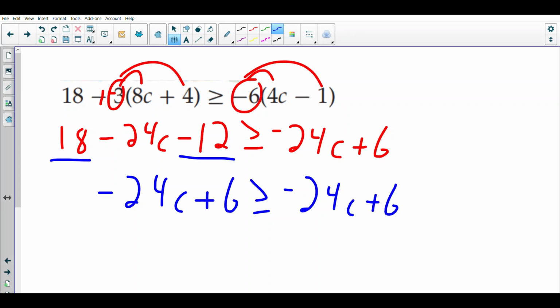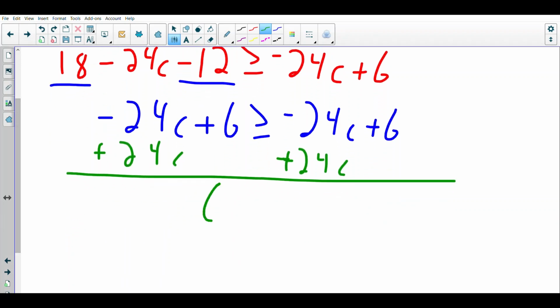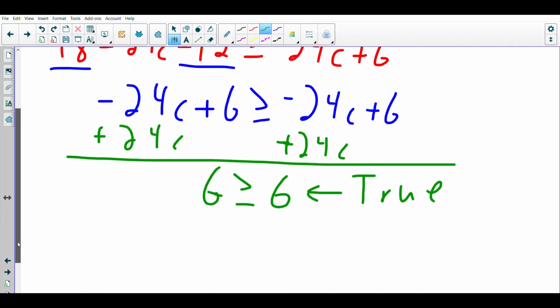Once again, when we do a little bit more work, let's move the 24c's to both sides. We get 6 is greater than or equal to 6. Again, that's a true statement. That is very true.